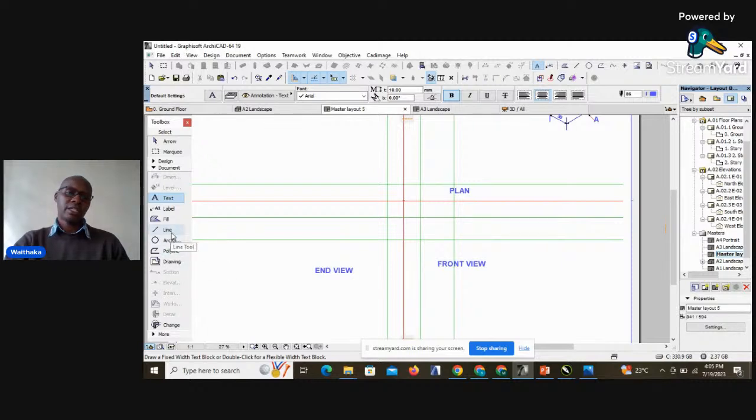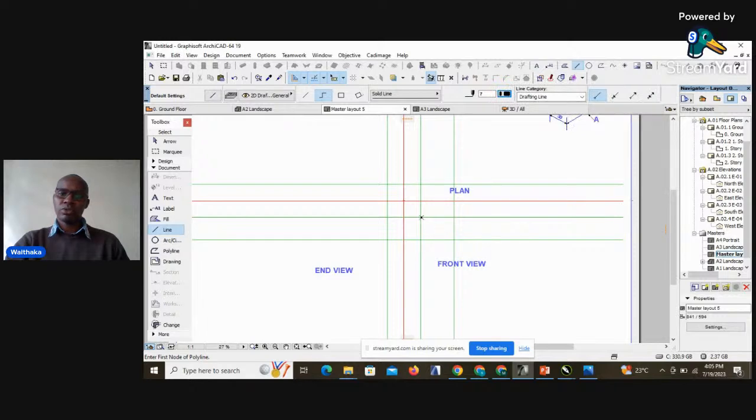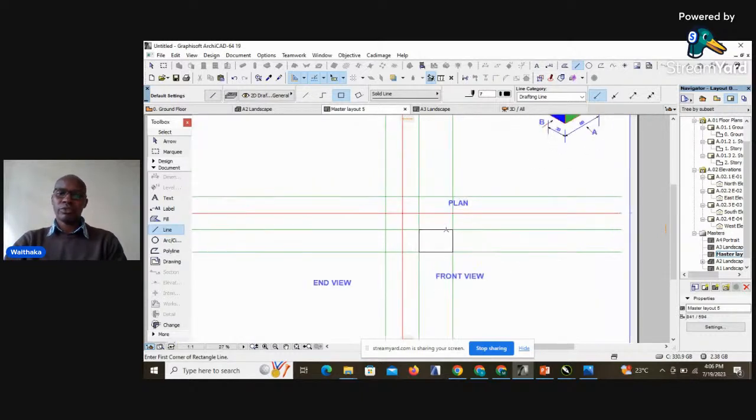We highlight it in black so that we are able to see how it comes out. That will be our front view.